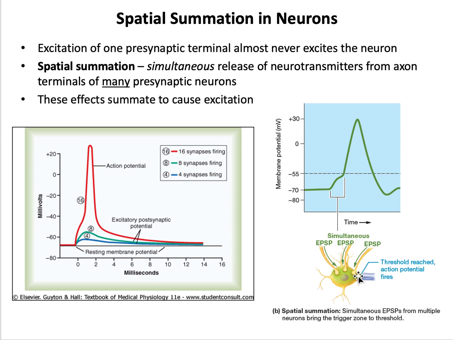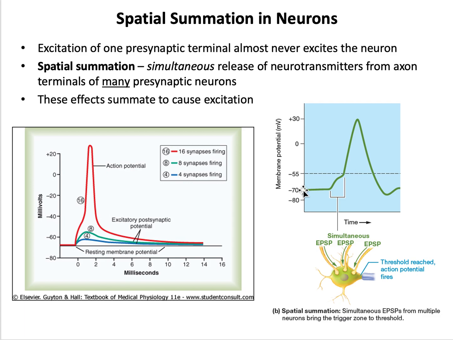And that's going to mean, since it's receiving excitatory information from multiple presynaptic neurons, it's all going to get summed up into a much larger EPSP, and there's a greater likelihood that an action potential will be generated on the postsynaptic neuron, right?